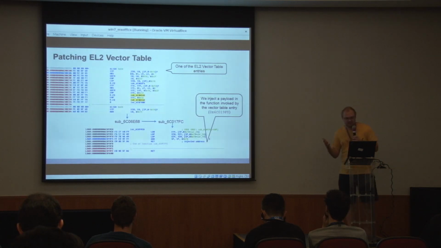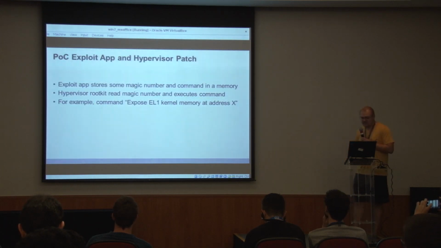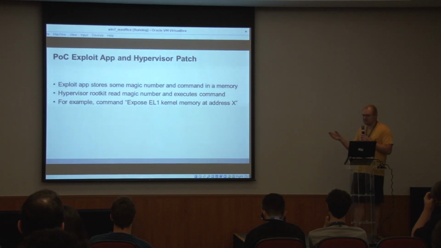We just find this handler and patch it with our shellcode. We put our shellcode right at the end of the handler function which is called periodically. Then we designed a protocol between the application and the hypervisor. If the application stores some magic number, then we know that after this magic number there is a command which is supposed to run in the hypervisor.